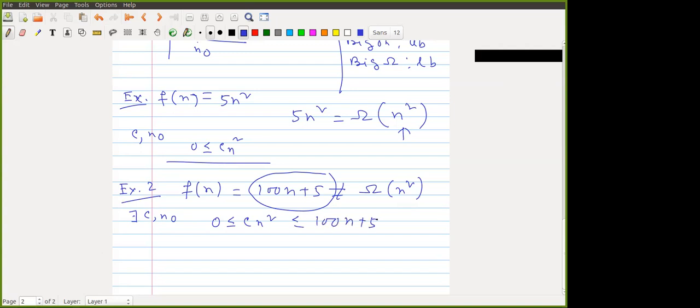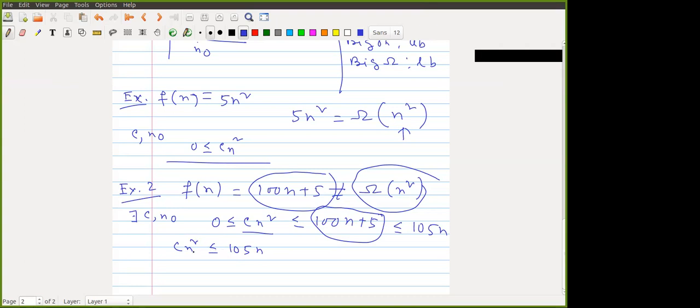This we can upper bound by 105n. So c n square is less than 105n once n is greater than or equal to some n naught.